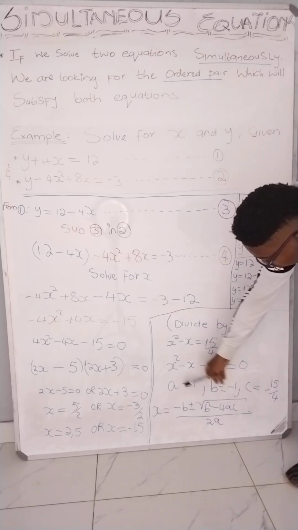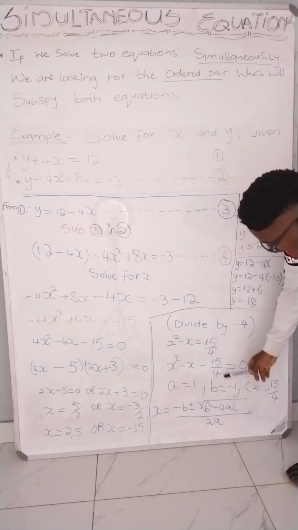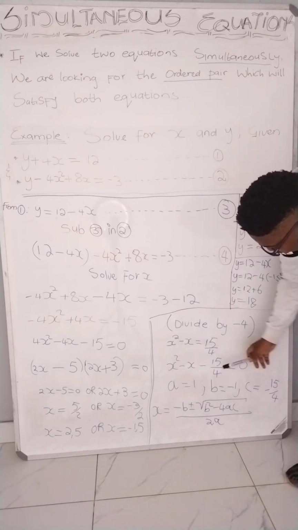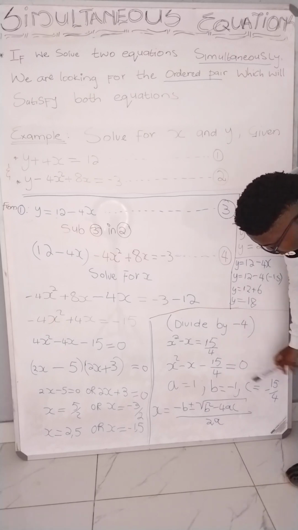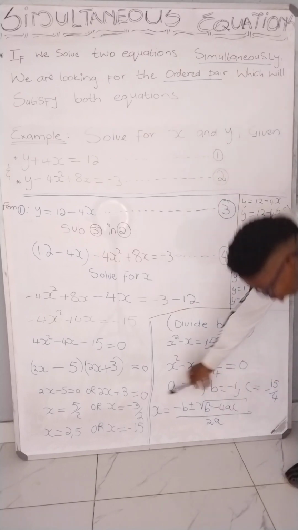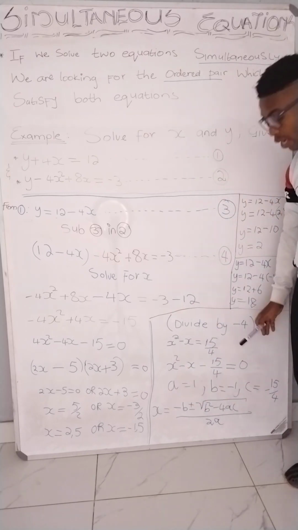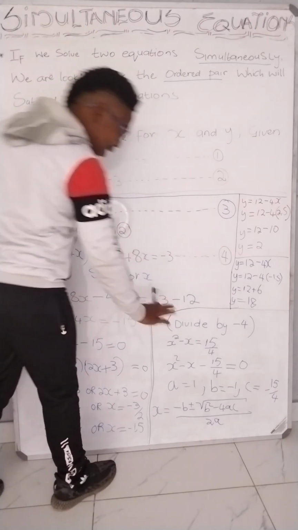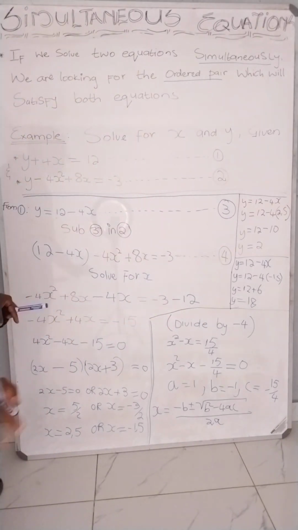And then you identify your a as 1, your b as negative 1, your c as negative 15 over 4, because this is in standard form, and you plug it into your quadratic formula and you get your value of x. But do not let what I just explained to you complicate or confuse you.